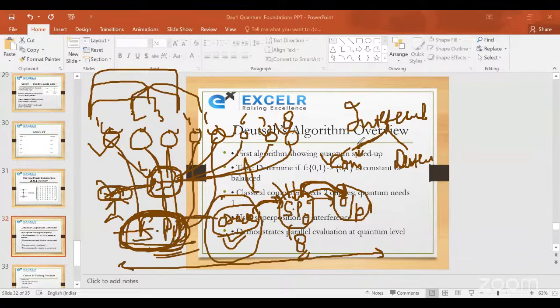We have to do the interference in such a way that the first output will be like this, and the rest of the waves will be destructive. The destructive will give you a zero result, and this constructive will give you a maximum amplitude.